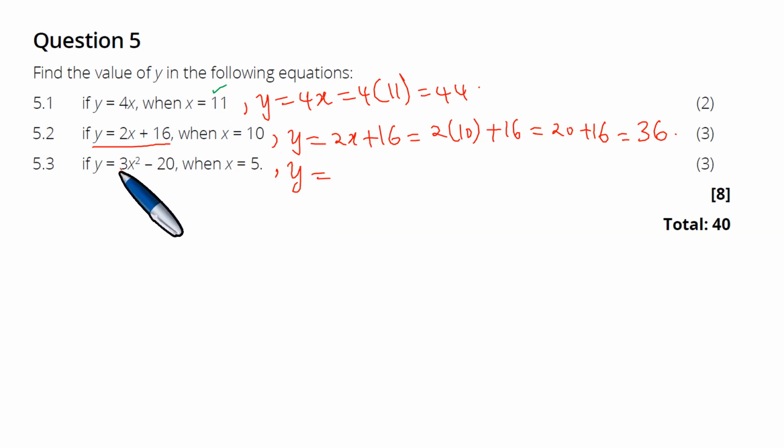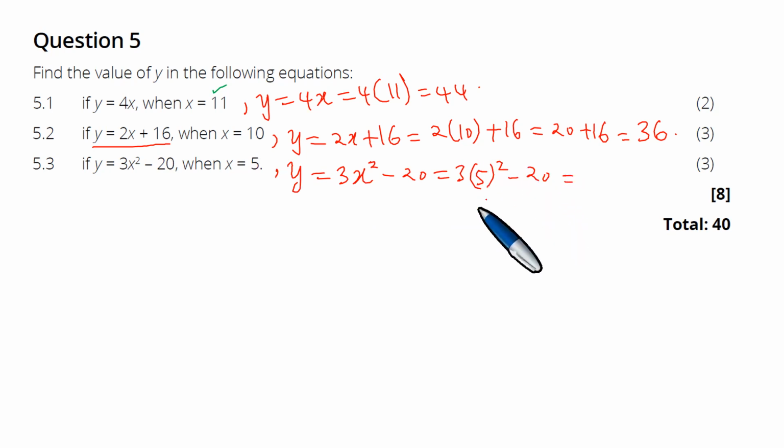Right, so y is what? y is 3x squared minus 20. What is x? x is 5. What is 5 squared? It's 5 times 5, 25. 5 squared means 5 times what? 5. What is 5 times 5? 25. So it's 25 minus 20.